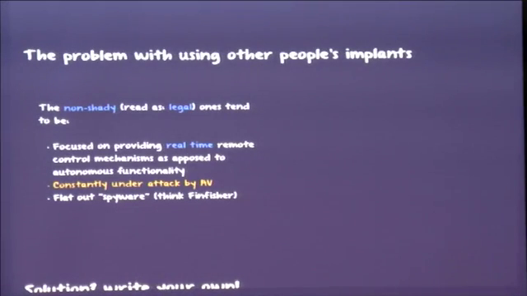All right, so other people's implants. There's basically 2 forms of post-exploitation stuff, whether it comes in the form of a self-contained binary or really exotic shellcode. There's basically the legal ones and the illegal ones. The non-shady ones are usually not autonomous friendly. They're designed to get you a shell as quick as possible.